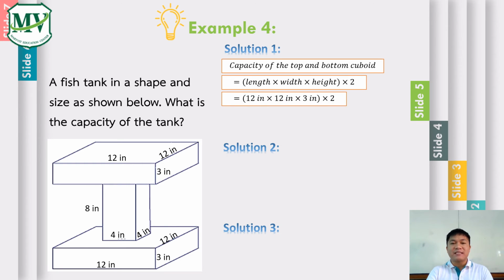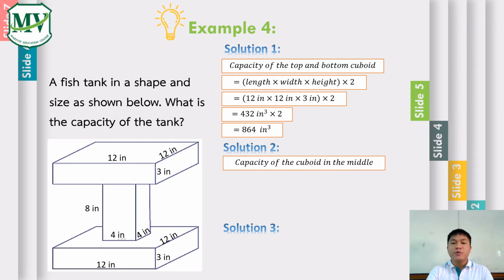12 inches times 12 inches times 3 inches times 2. 432 cubic inches times 2, and the product is 864 cubic inches. For solution number 2, we need to solve for the capacity of the cuboid in the middle.